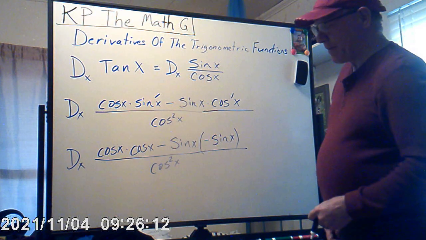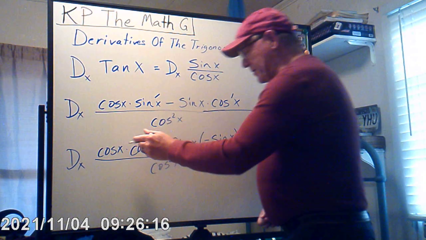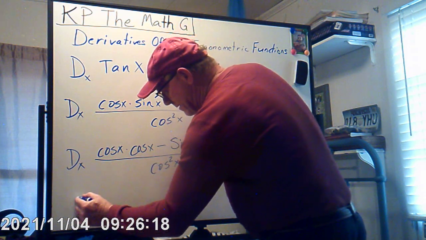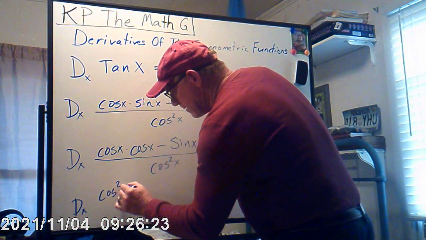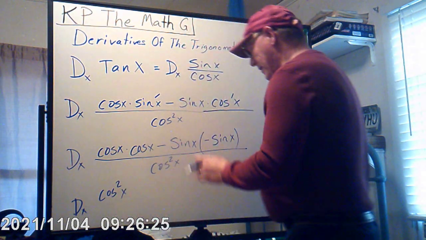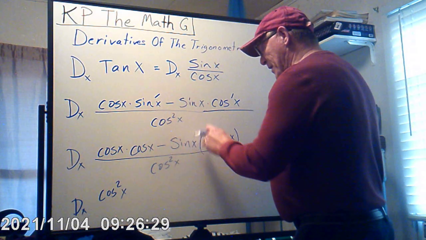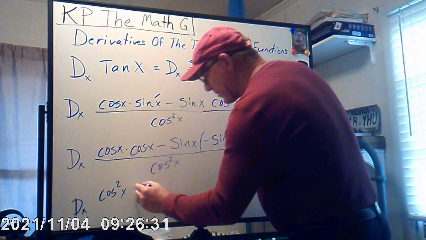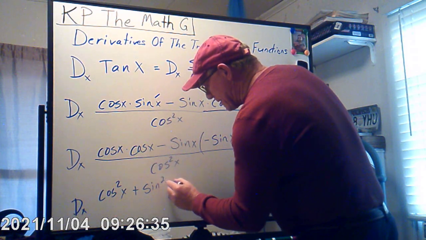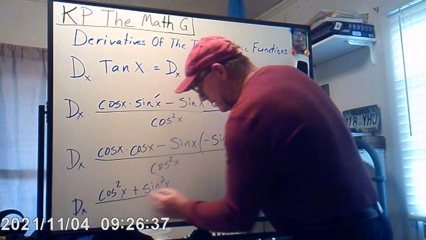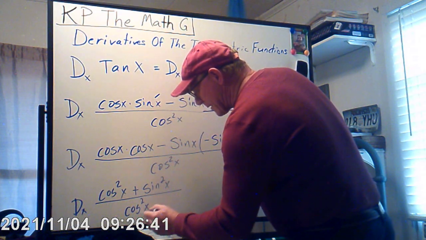Cosine times cosine is cosine squared. And a negative sign times a negative sign is a positive sine squared x. This is over cosine squared x.